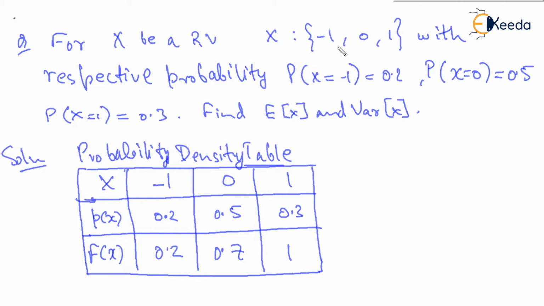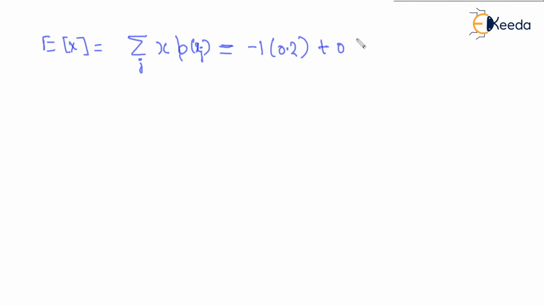Now we need to find E(X) and variance of X. So E(X) for discrete is the sum of x_j times p(x_j) for all j. So this becomes minus 1 into 0.2, plus 0 into 0.5, plus 1 into 0.3.